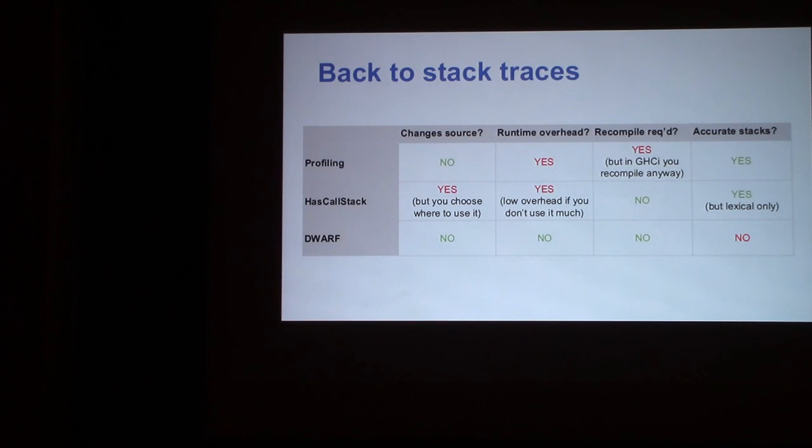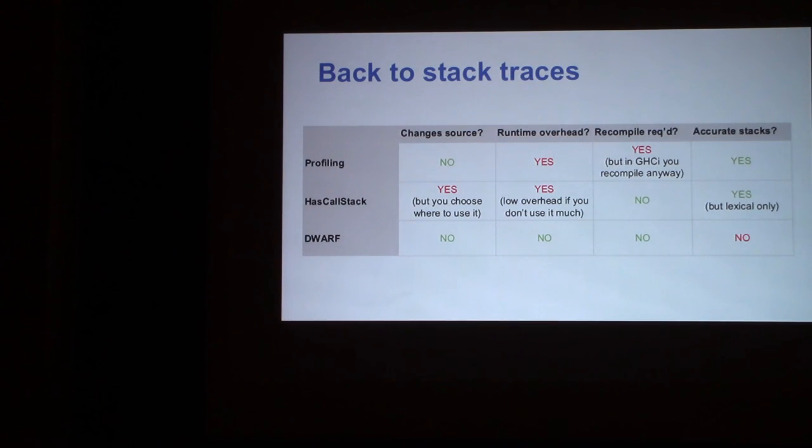One question is, do you have to change your source code in order to use it? That's true of the Haskell stack, but it's not true of the others. Is there a runtime overhead for using this mechanism? That's very true of the profiling system, but not so true of the others. Do you have to recompile? Yes, when you're profiling, but it doesn't matter so much now that you can do it in GHCi, so that's good. And then there's a question about the accuracy of the stacks.